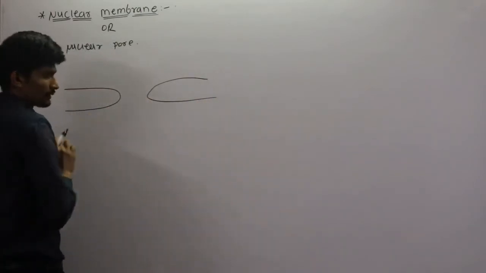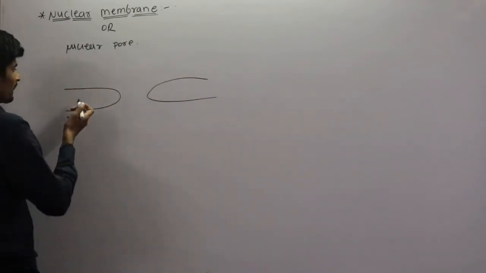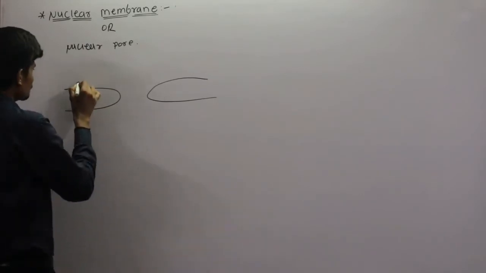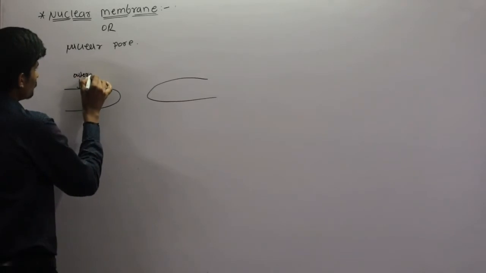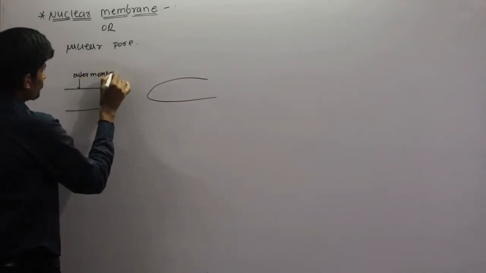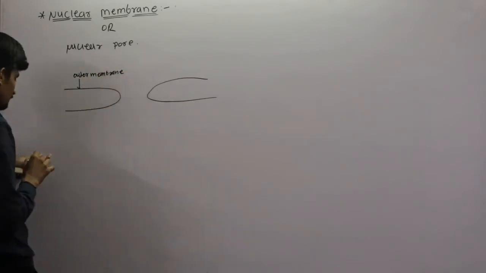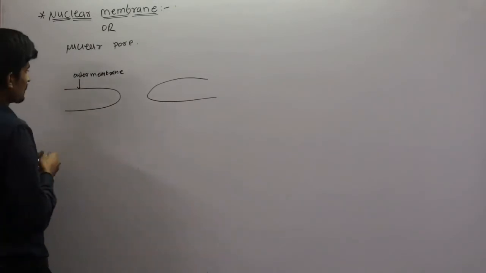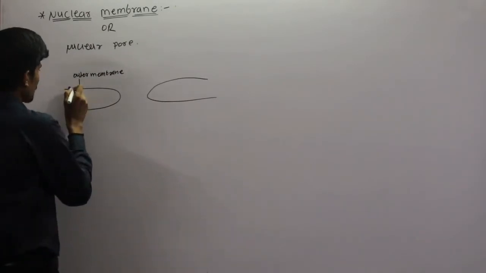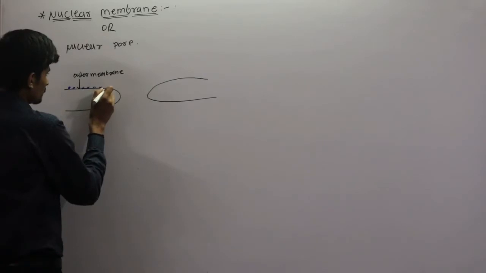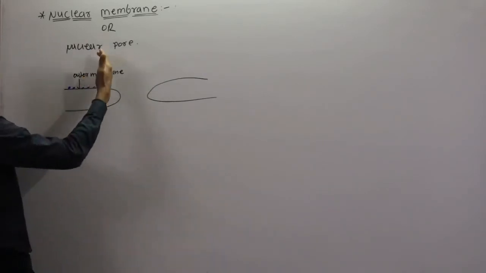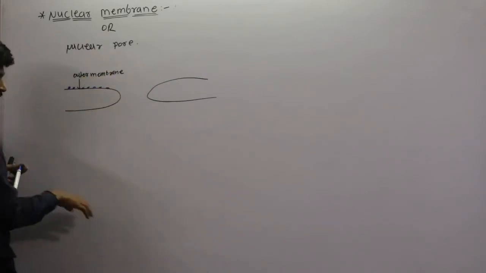So this is the pore, and this is the outer membrane. The outer membrane has ribosomes. So this is the outer side of the nucleus, and this one is the inner side of the nucleus.